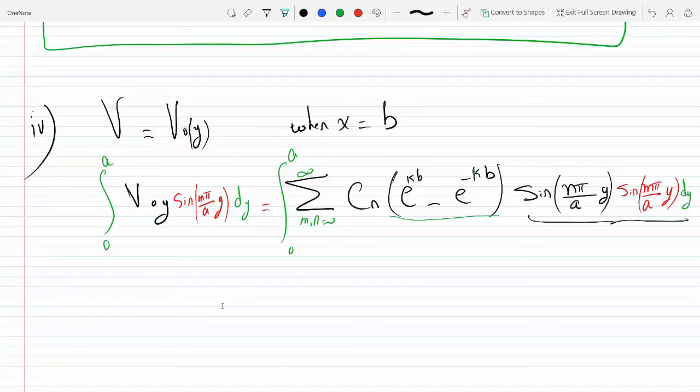You get either 0 if n does not equal m, and if n equals m, you will get a over 2.